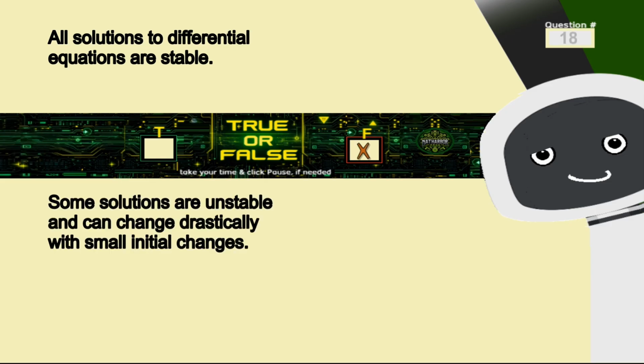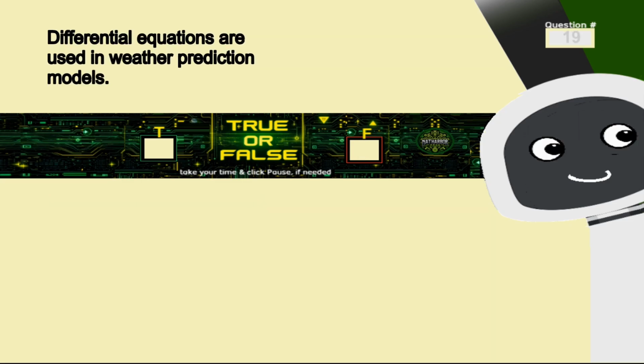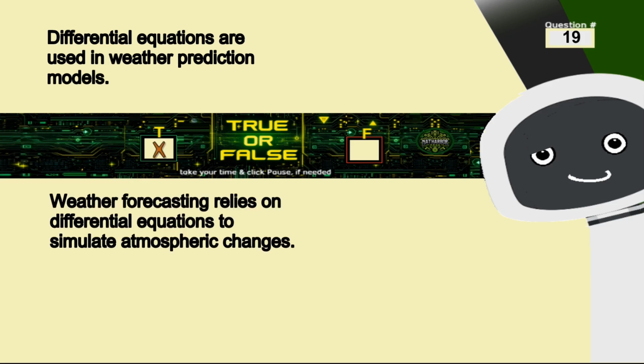Some solutions are unstable and can change drastically with small initial changes. True or false? Differential equations are used in weather prediction models. Well, of course, that's true. Weather forecasting relies on differential equations to simulate atmospheric changes.